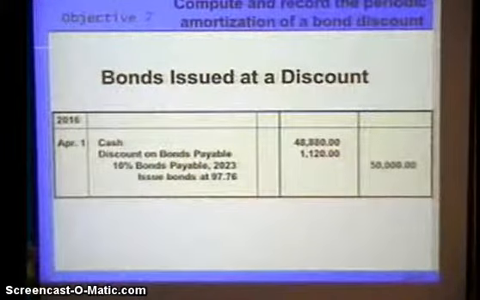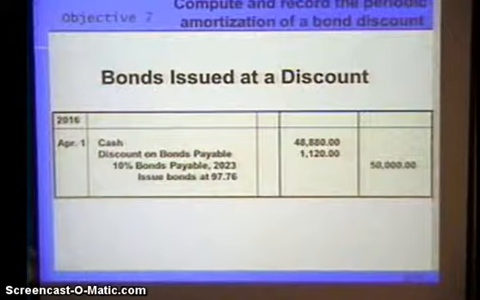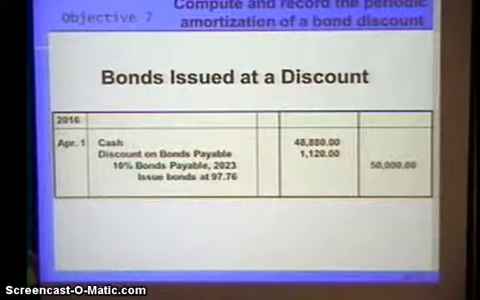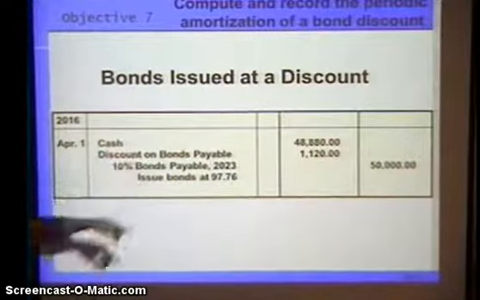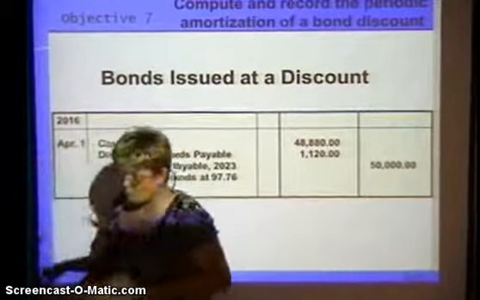Issued at a discount now. This time, we got less cash than the value of the bonds. So we have to show we got this much cash, which means we discounted, right? And that discount is a discount payable.